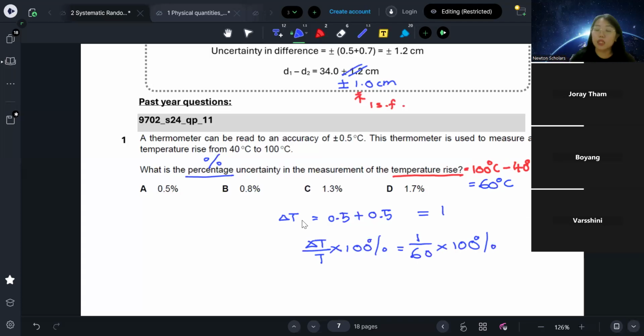So we use the 100 degrees Celsius plus minus 0.5, this 0.5 plus this 0.5, add up, we get 1. Then 1 over the actual reading, which is 60, times 100%. If you press your calculator, you should be able to get 1.6%.